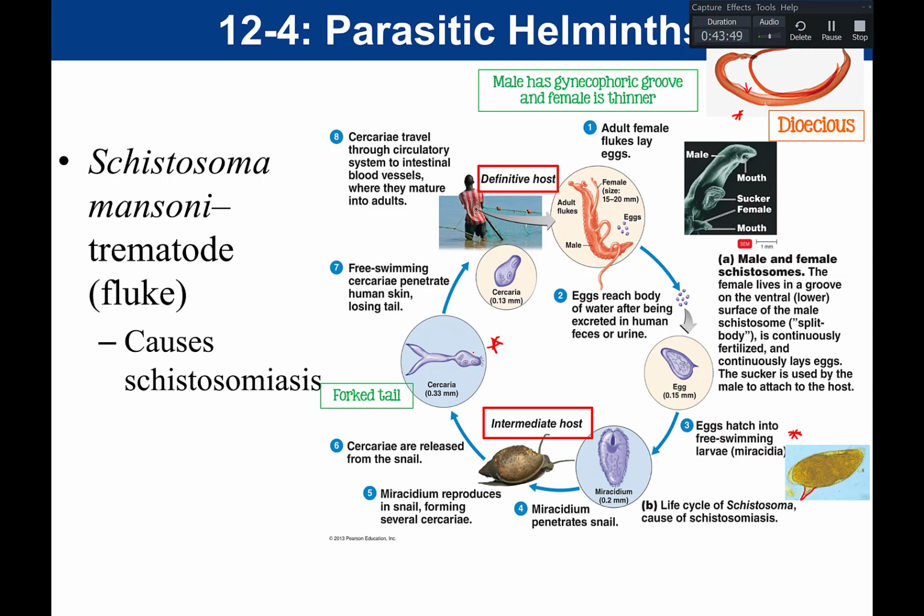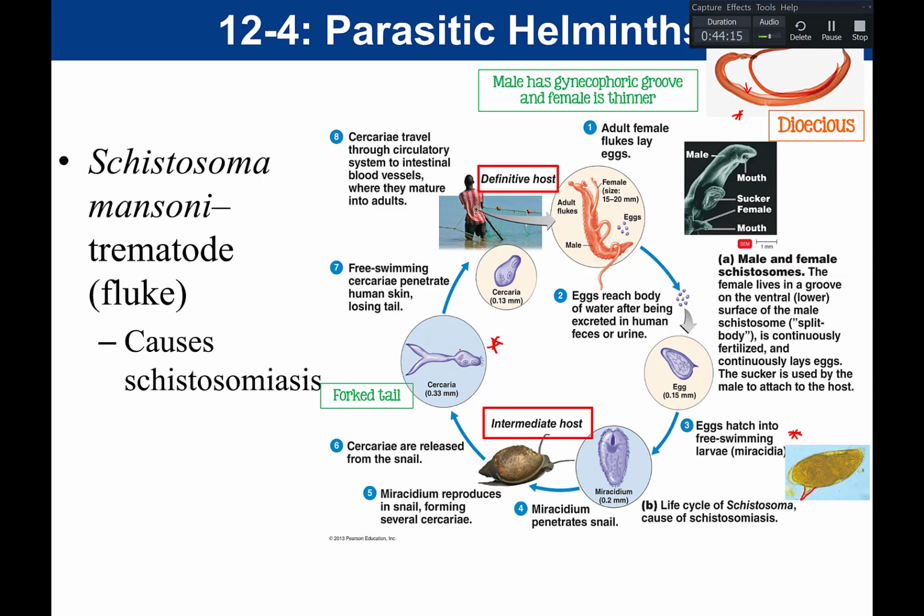These are stages that are found in water. And so they have their little fins or their tails to help with motility. So we have our egg and we have our cercaria. So there's 4 stages. You need to know the adult male, the adult female, the egg, and the cercaria. Those are the 4 stages you need to know on the exam.